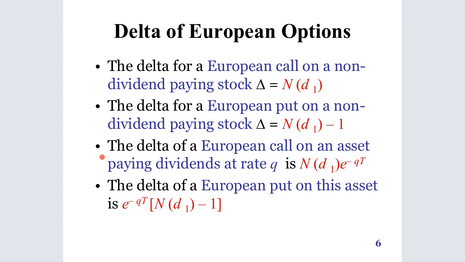So why use the Black-Scholes? Because the Black-Scholes only prices the European option.